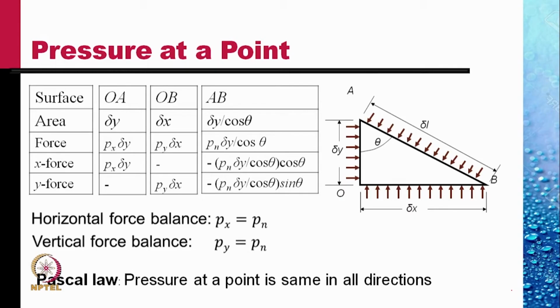Thus, pressure in the x, the y and the n directions are the same. Since the n direction was taken arbitrarily, the angle theta was not fixed, and this works for all angle thetas. We can state that pressure at a point is the same in all directions.